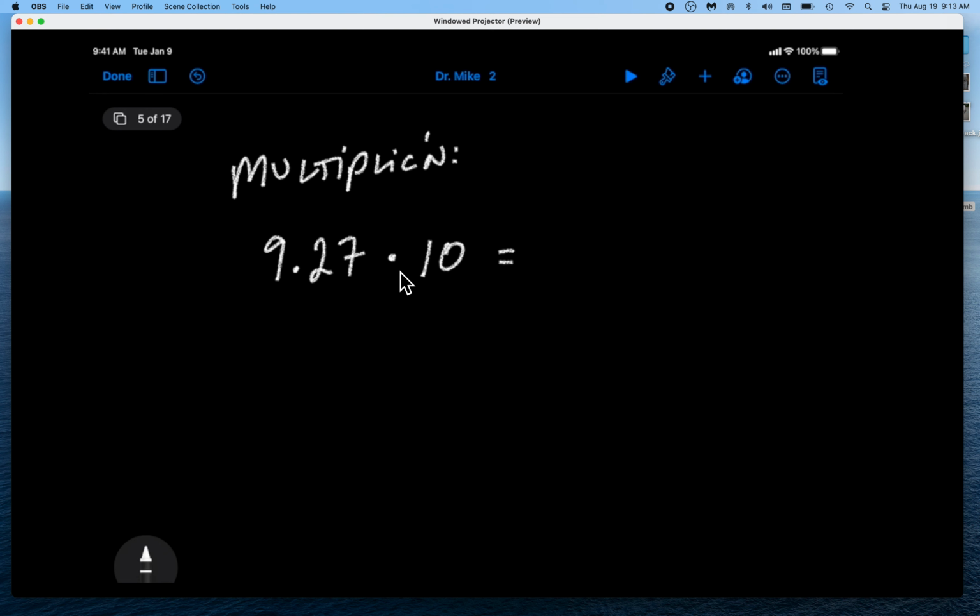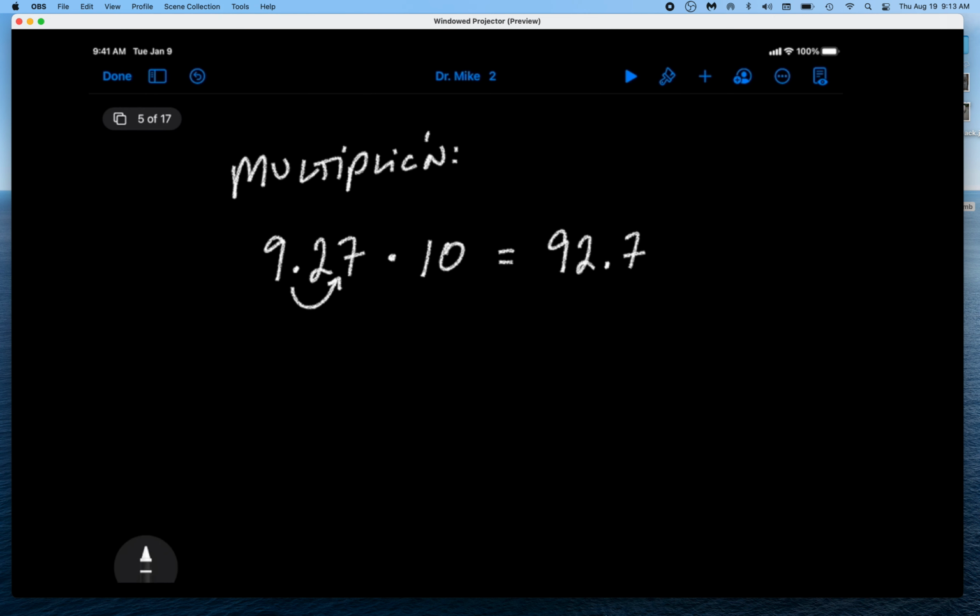When you multiply a number by 10, it's going to get bigger. How much bigger? It's going to get bigger by 1 decimal place. How do we know it's 1 decimal place? Because there's 1 zero. So we're going to take this decimal and move it 1 place to the right, and we're going to end up with 92.7. So we took this decimal place, we moved it 1 place over, and we get a larger number.